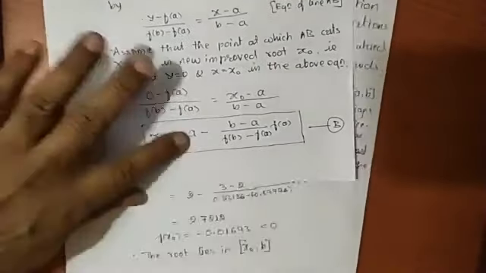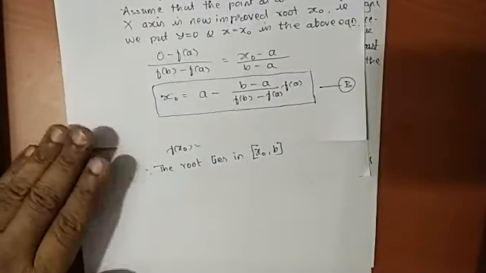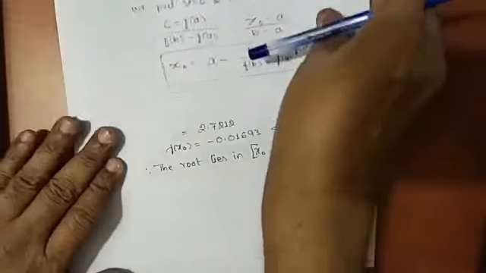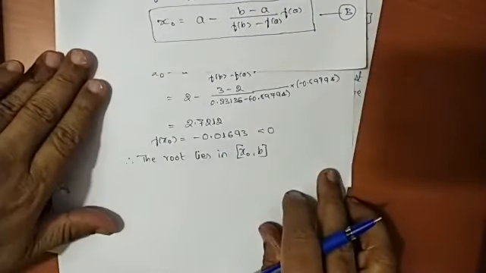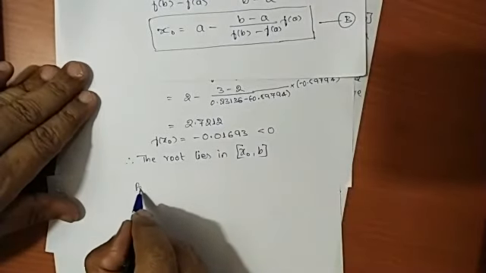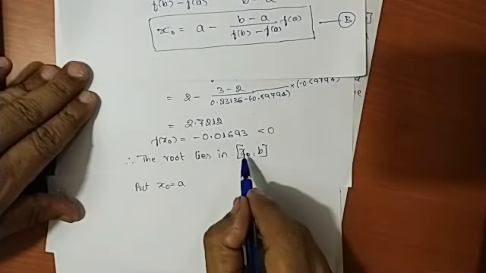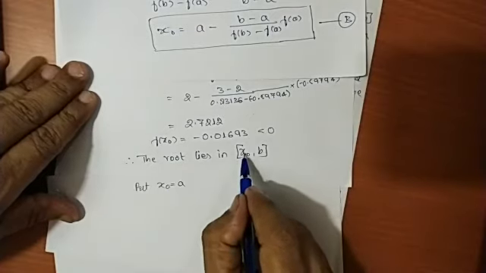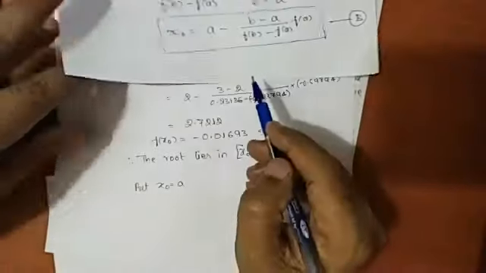What should be my next step? Since I know the root lies in x naught to b, I'll just change a to x naught. Now put x naught equal to a, because I'm sure that the root lies in x naught to b. f of x naught is negative, f of a also is negative here.